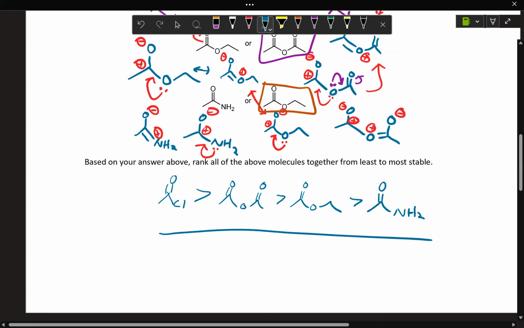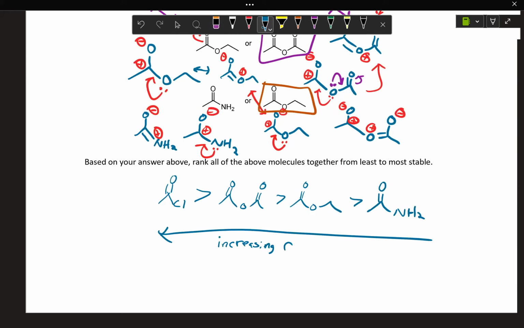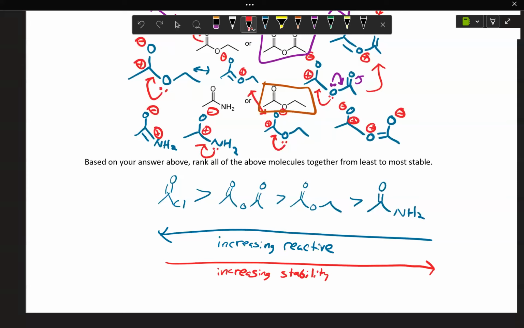So, increasing reactivity. And if something is more reactive, that means it is less stable. So the stability arrow is going to be going the other way around.